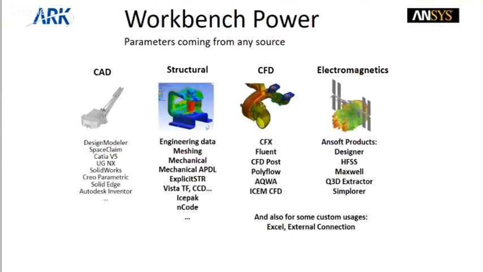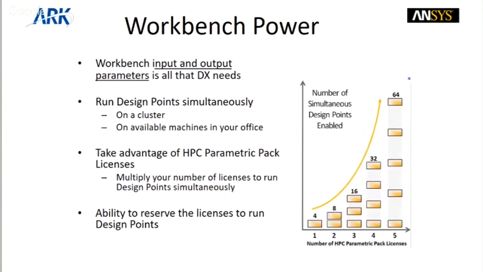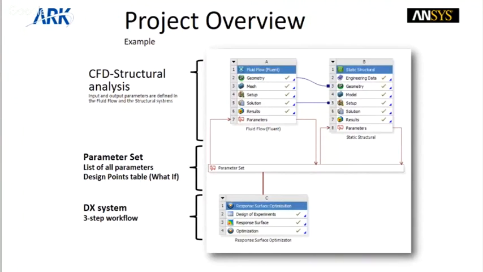These are the various analysis platforms from which we can extract parameters and put them into a set of design of experiments, based on which the solver will give you the actual response surface curve. This is the basic overview.